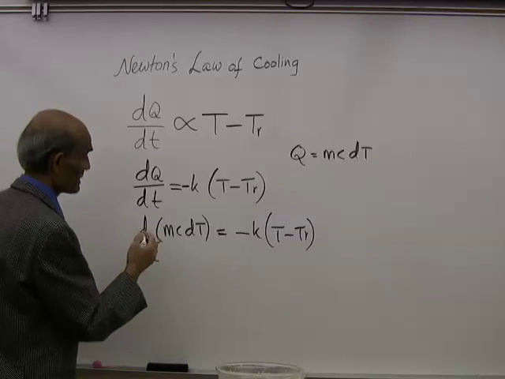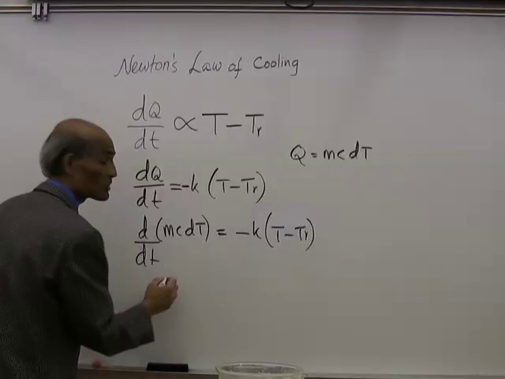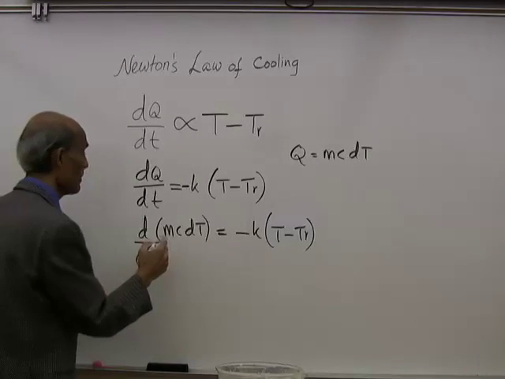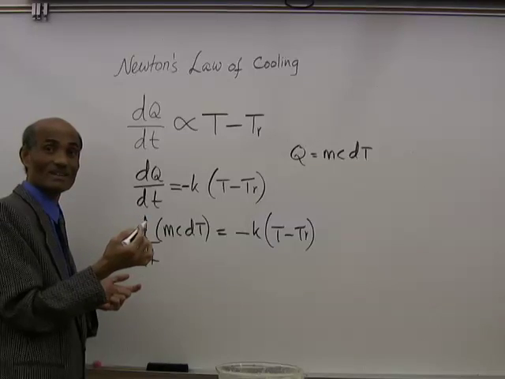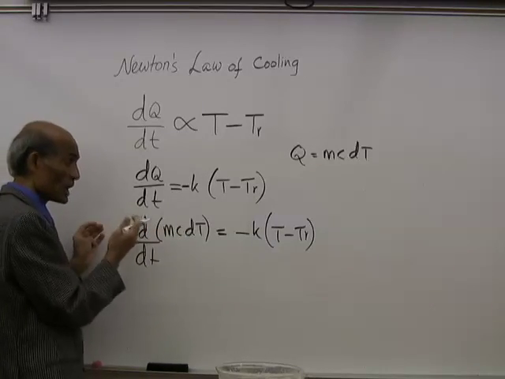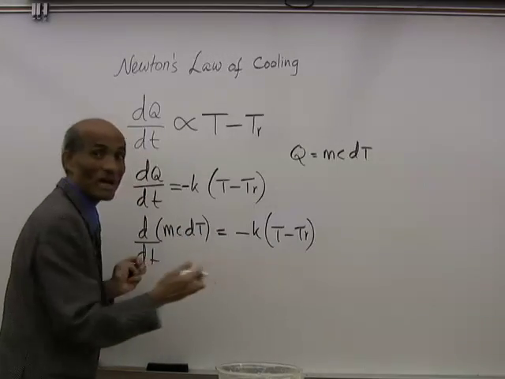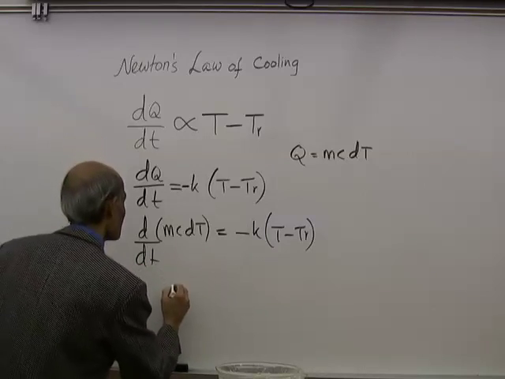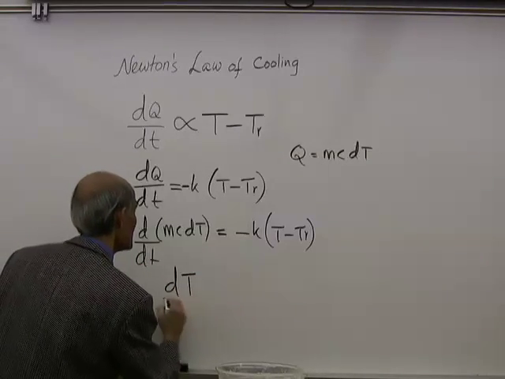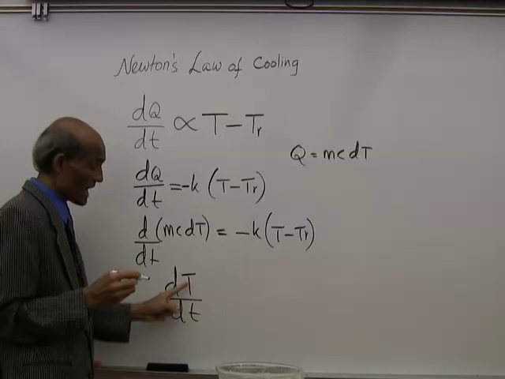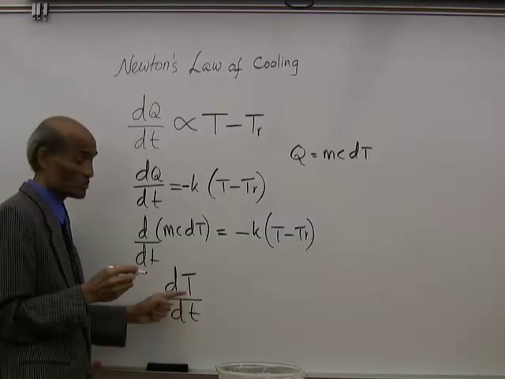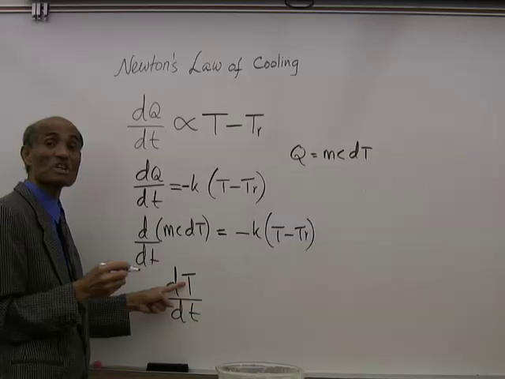Well, this can now be written in another form, because mass times specific heat is a constant. I'm going to take it out and divide both sides of the equation. That gives me dT over dt. Now, don't confuse the uppercase T and the lowercase t. The uppercase T is the temperature.